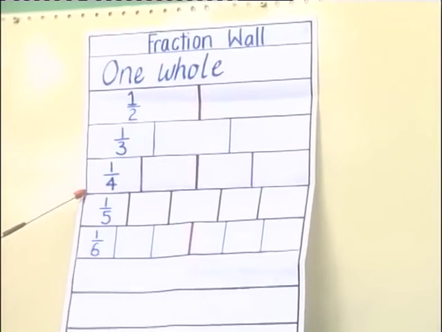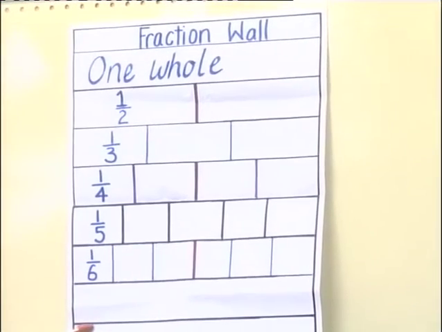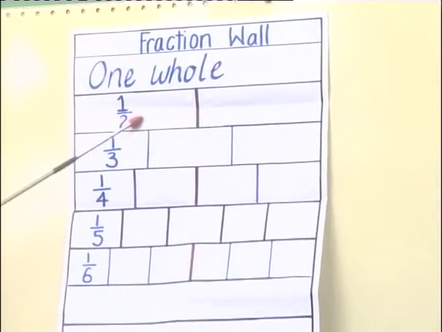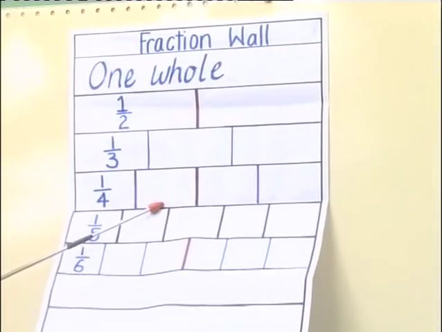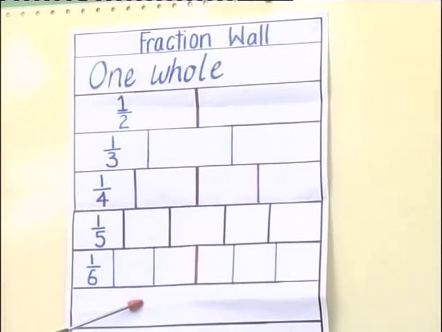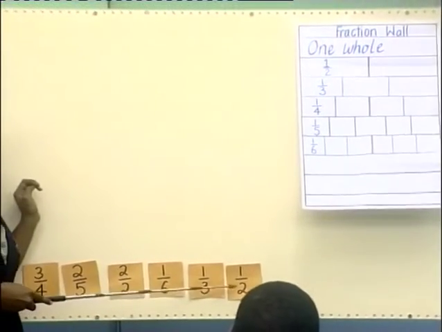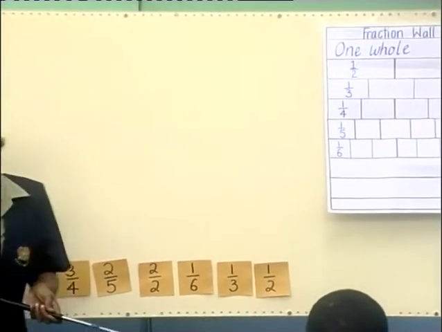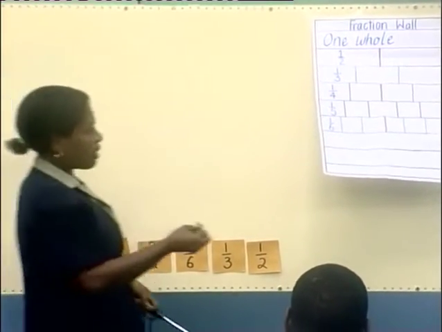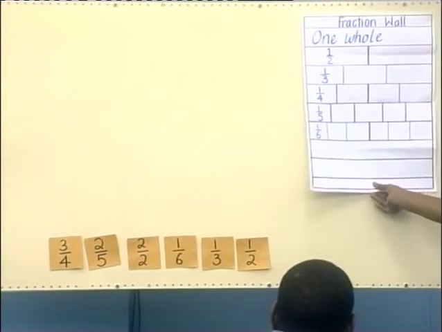No. So starting from the least, which fraction comes first? We have 3/4, 2/5, 1/2, 1/6, 1/3, and a half. Which fraction comes first, starting here from the least, the smallest?